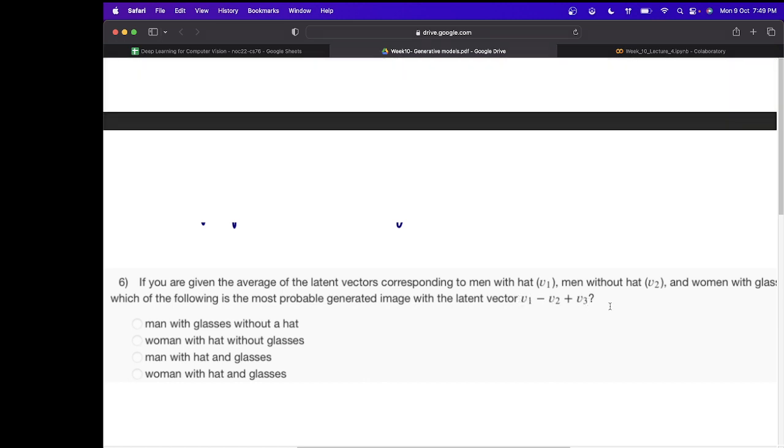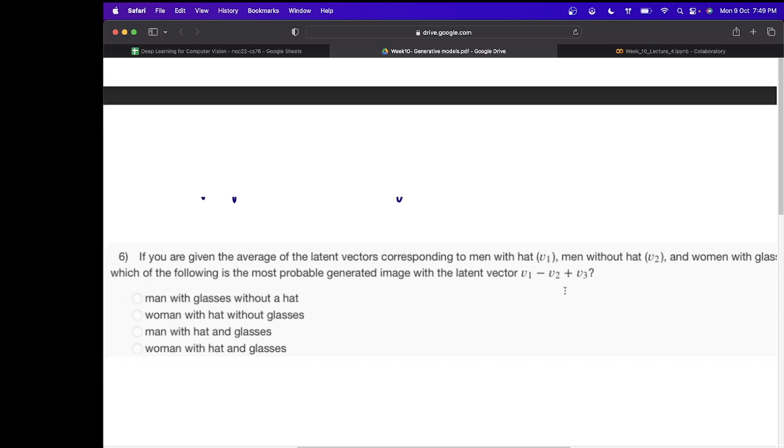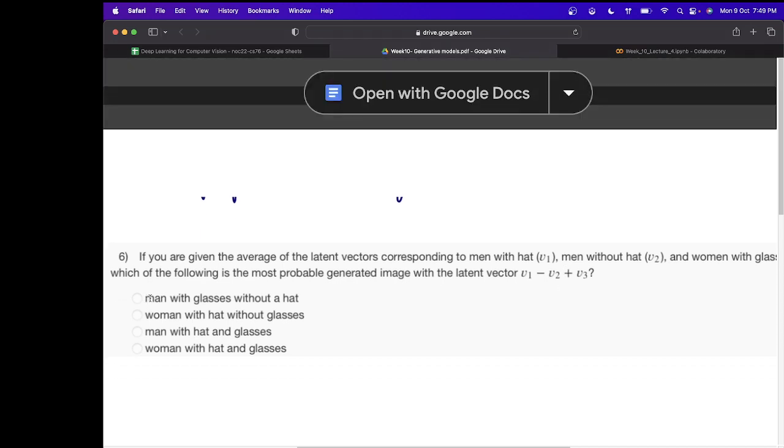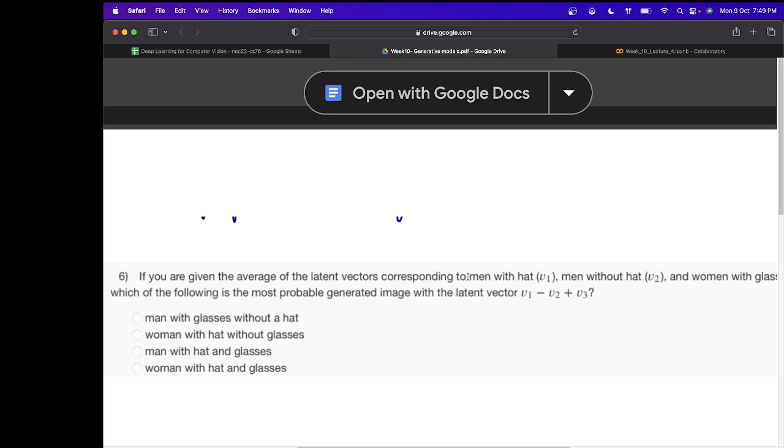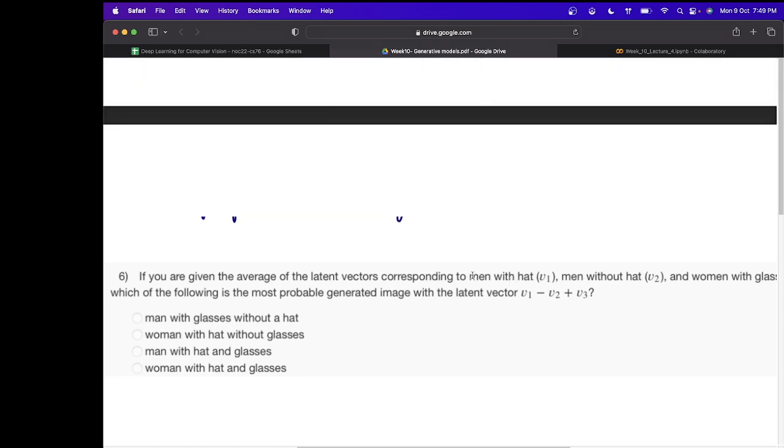So this is how to find this. It is a very simple question. Consider men with hat as men plus hat. So V1 is men plus hat. V2 is men without hat, meaning men minus hat. Now you are trying to subtract V1 minus V2 here. So men plus hat minus men minus hat.